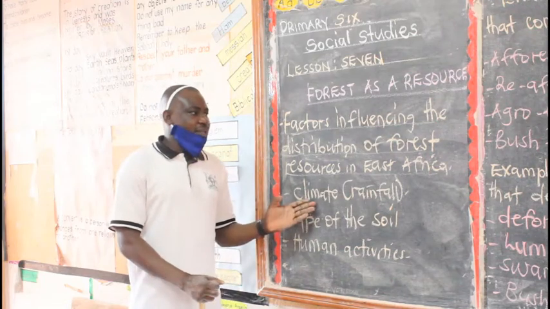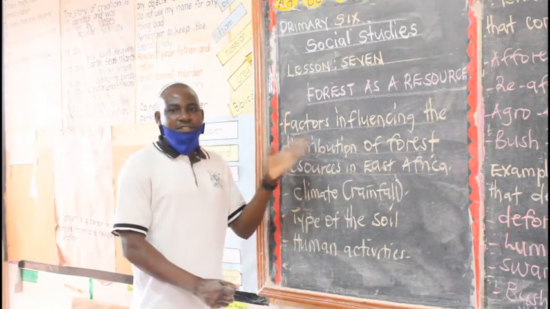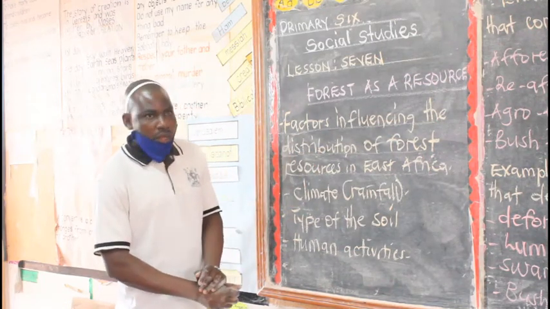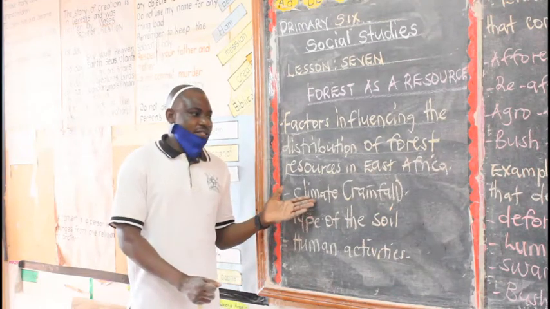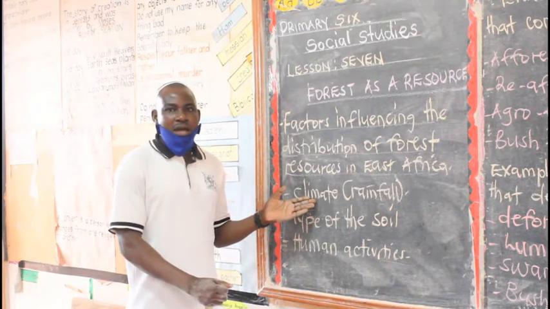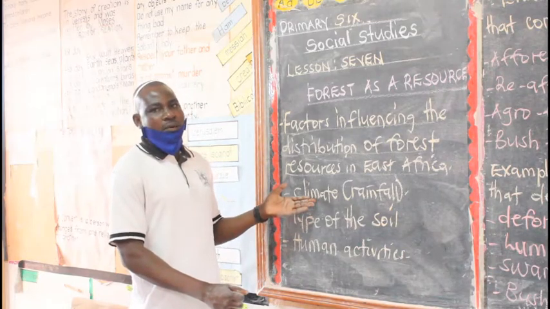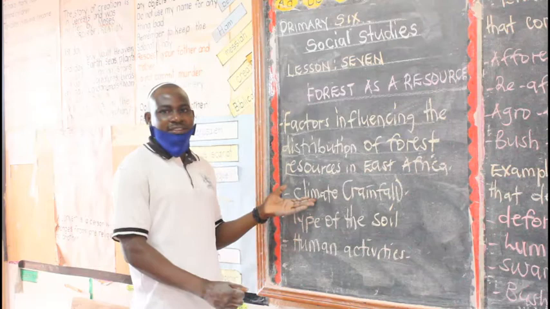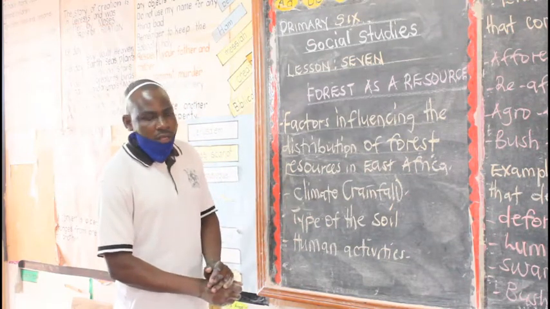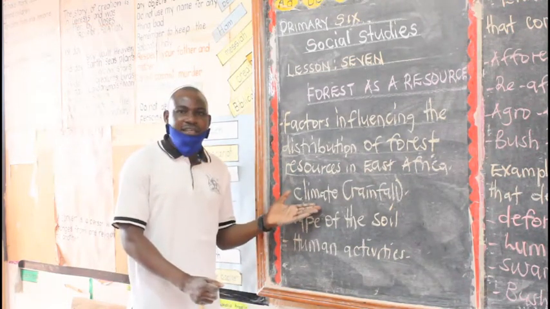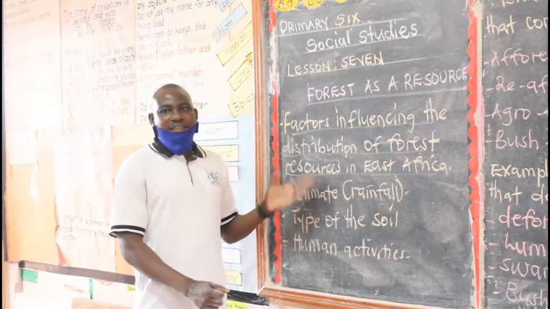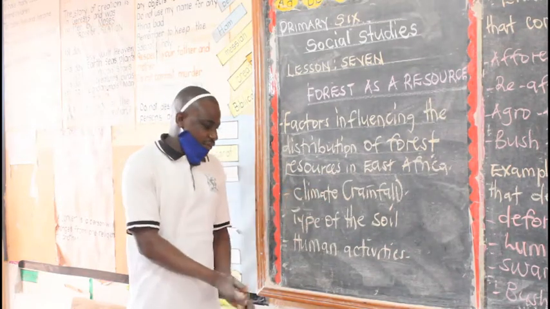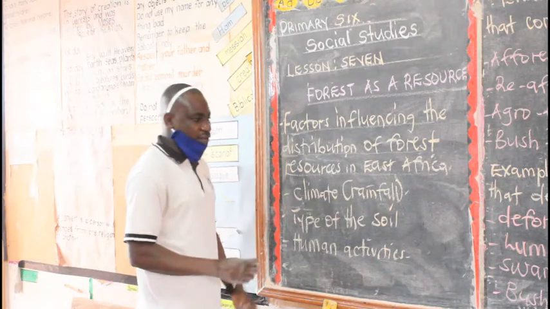How does climate influence forest distribution? Areas that receive plenty of rainfall have plenty of vegetation as compared to areas with little rainfall. Now where do we find thick forests? Thick forests are found in areas where there is plenty of rainfall.